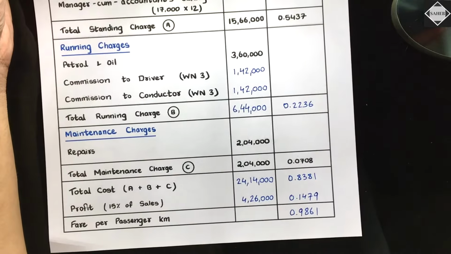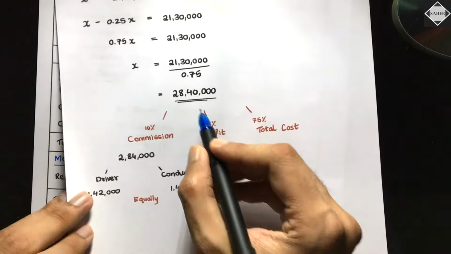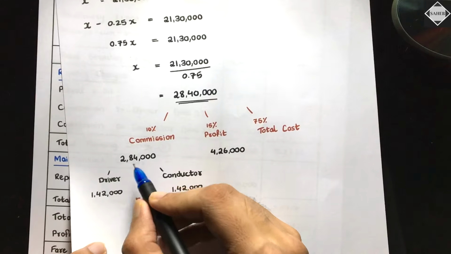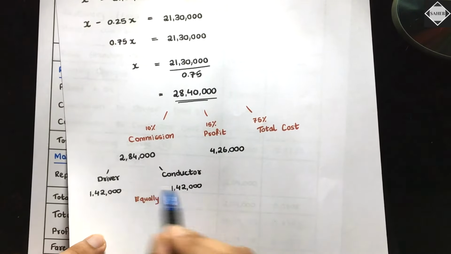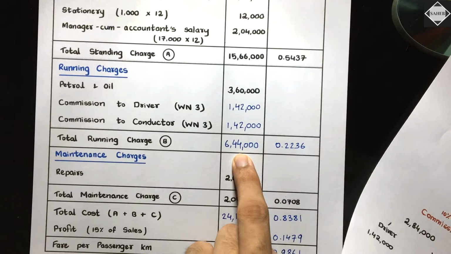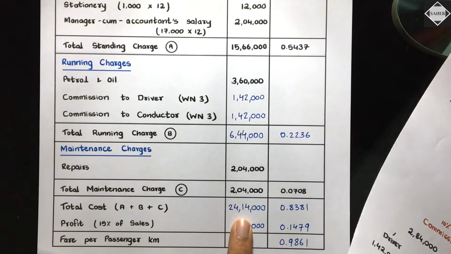So this is how it happened. Of this 28 lakh 40,000, 10% was the commission, that became 2 lakh 84,000. This was divided equally among driver and conductor. We got this 6 lakh 44,000. Then we added A plus B plus C, we got the total cost 24 lakh 14,000.